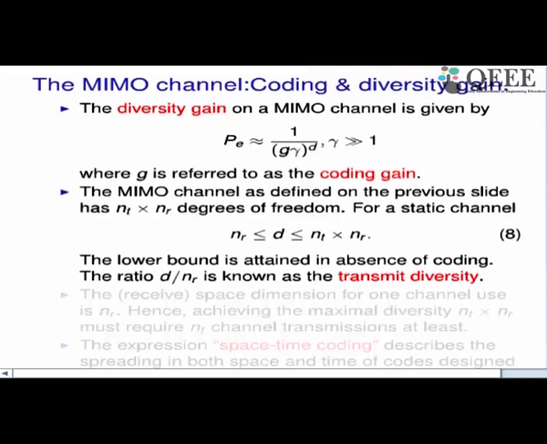But depending on the code we use, this diversity or the degrees of freedom can vary between NR and the maximum NT, NR. Now tell me why NR is the lower bound. That is because if you are going to replicate, for example, what you transmit on all the channels, then there will be no diversity across the transmit antennas, but there will be diversity across the receive antennas.